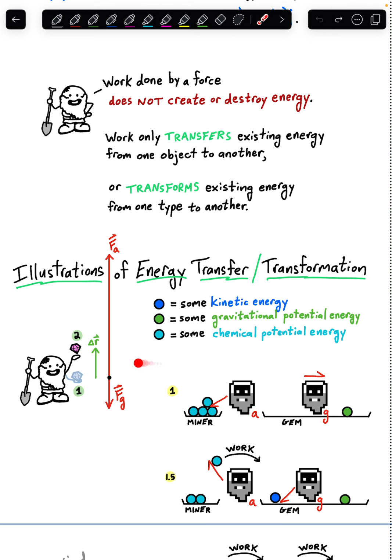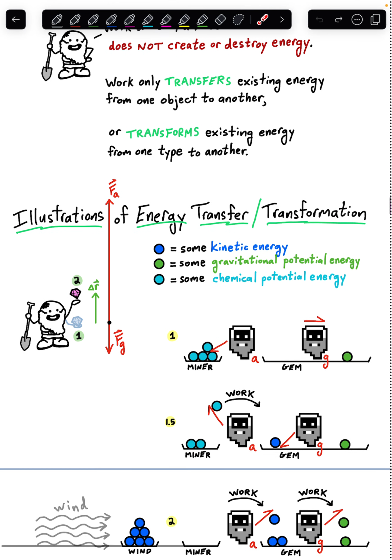So what our applied force is doing between these two moments is taking chemical potential energy that's in the miner's muscles, which the miner got from the breakfast of biscuits and gravy he ate this morning, and via work, transferring that chemical potential energy to the gem, adding it as kinetic energy to the gem, speeding the gem up.